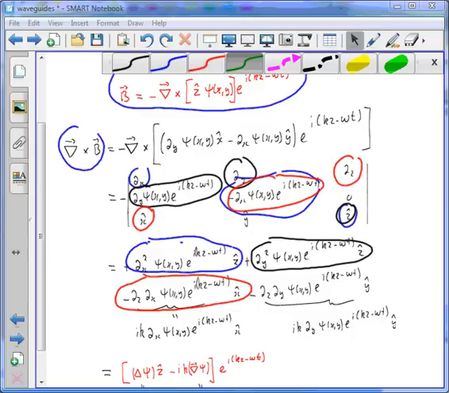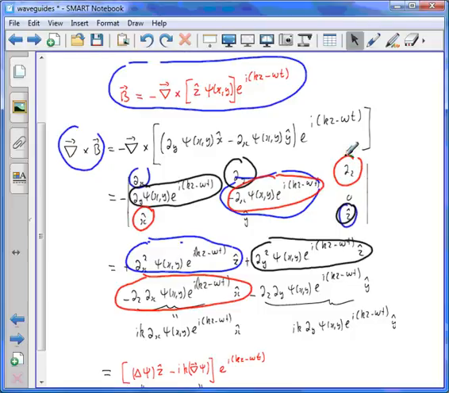Finally, the last term is the derivative in z multiplied by the derivative in x of psi exponential of ikz times y, which is the term down here.